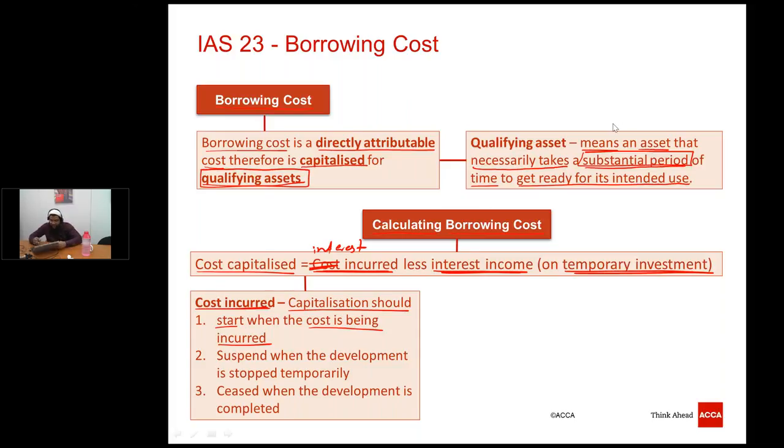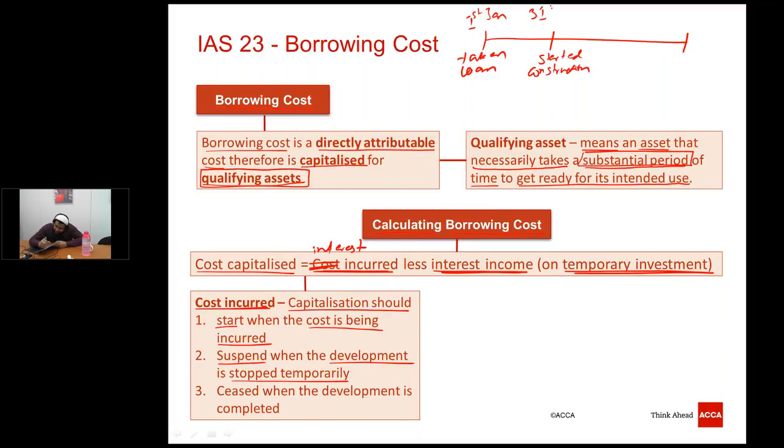Secondly, suspend when the development is stopped temporarily. So for example, we have taken the loan on 1st January, but we started the construction on 1st March.